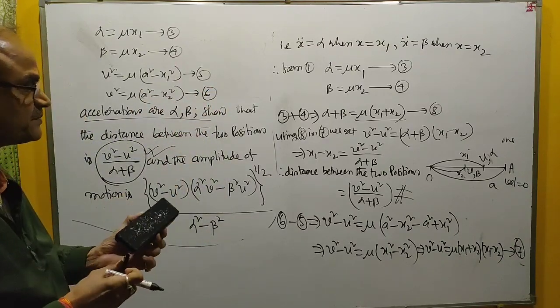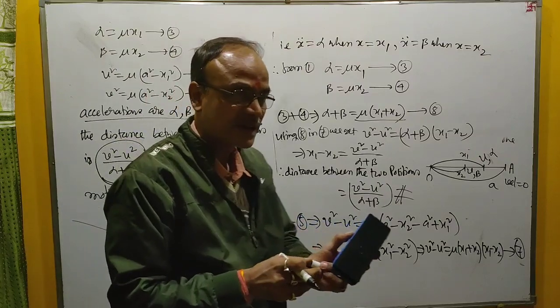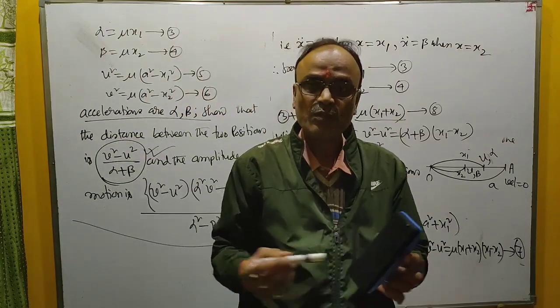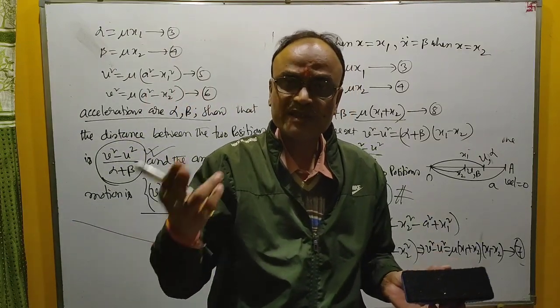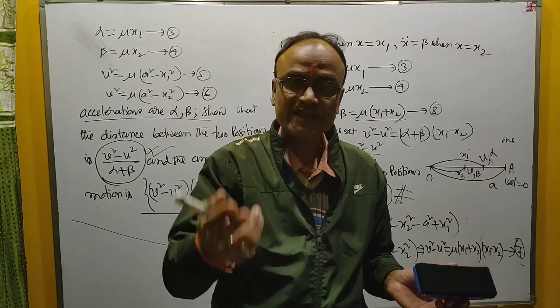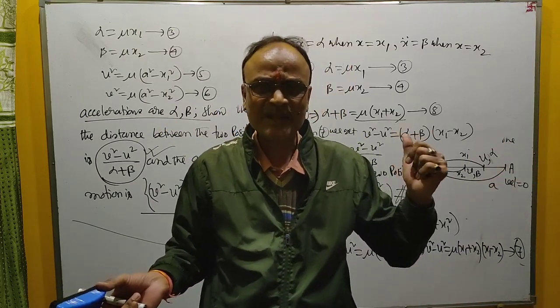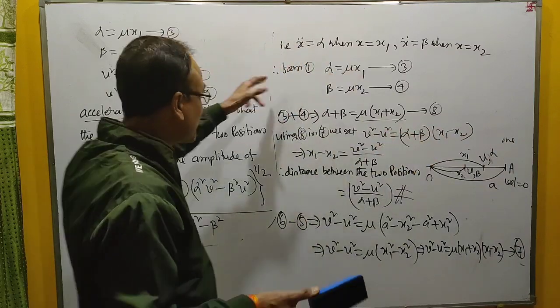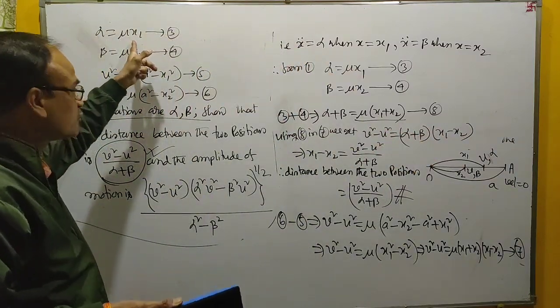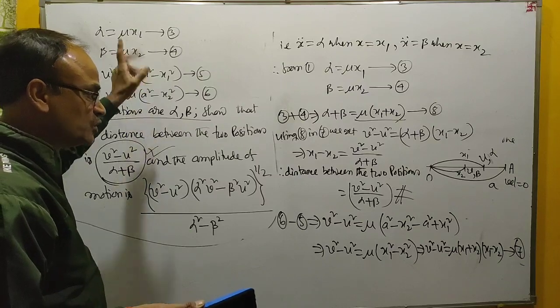If you write the equation of simple harmonic motion, d2 x by dt square is equal to minus mu x. Put d2 x by dt square equal to alpha. Then you will get alpha equal to minus mu x1, beta is equal to minus mu x2.